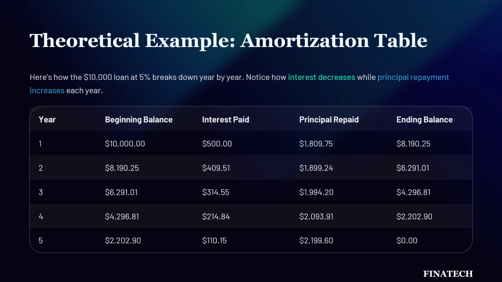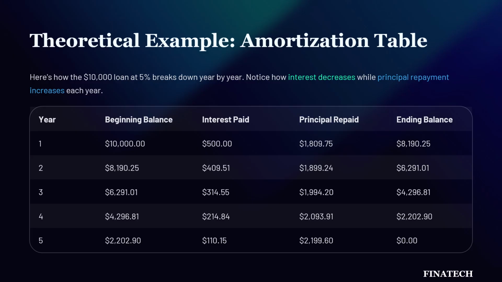You see, for each year you pay, the first year you pay 8,190. After the second year, you pay 6,291. The third year, you pay 4,296.